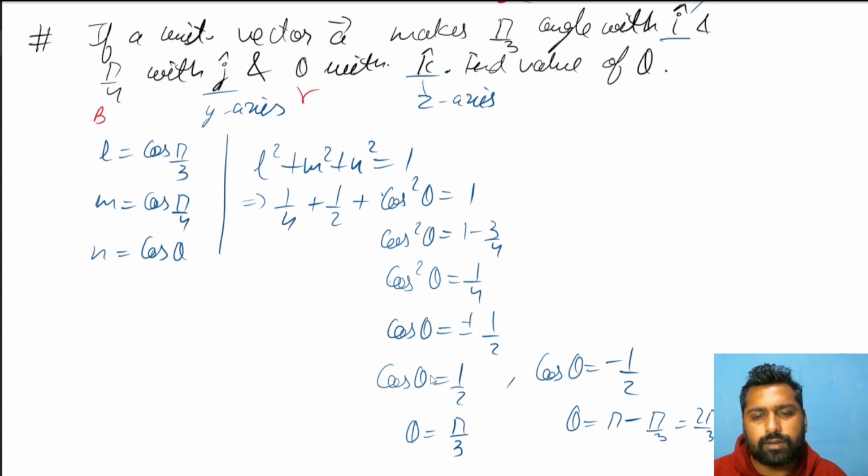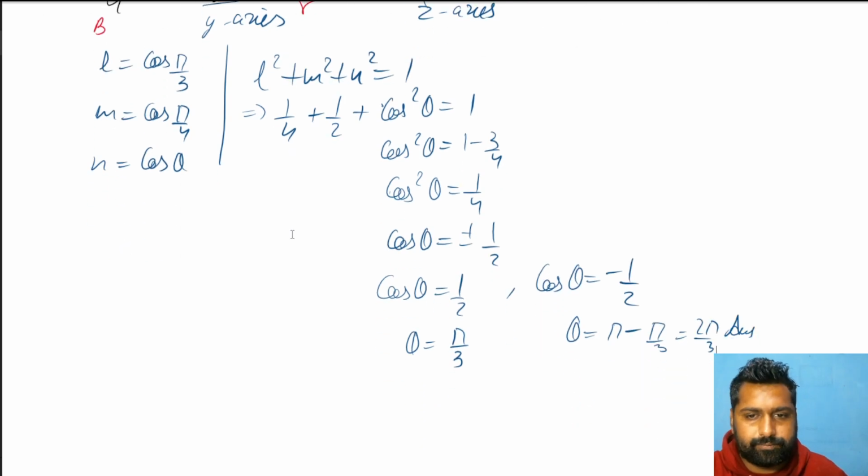Take the cos on the other side. So theta is cos inverse 1 by 2 and theta is cos inverse minus 1 by 2, and you should know how to solve that. At this level you should know. We have already done inverse trigo, so in case you are unable to get this 2 pi by 3 as the answer, go refer to your chapter of inverse trigo.